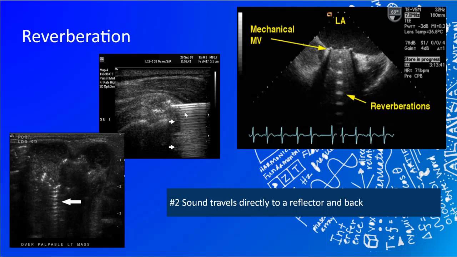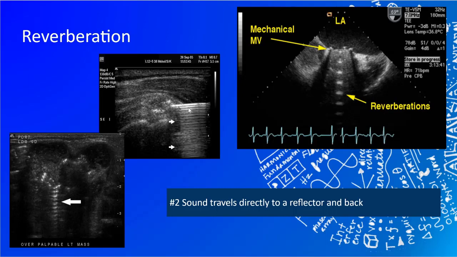that keeps happening. And so the machine thinks, well, this echo took a little longer to get here, so let's place that here. Well, this next echo took a little bit longer, so that must be a little bit deeper, and so forth. So the machine is assuming that these echoes that are coming back came straight from a reflector and returned back to the transducer. But in reality, the sound has just been bouncing back and forth in this area.